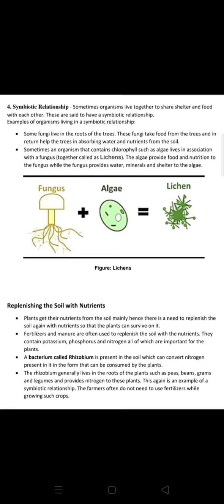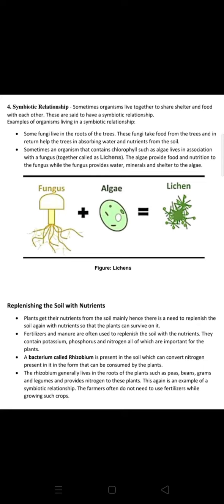So after some period, the soil loses its fertility. Fertilizers and manure can regain the lost fertility of the soil. Some fertilizers and manures contain potassium, phosphorus and nitrogen, all the important nutrients that plants need.